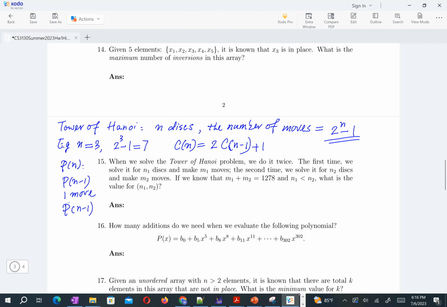One move for the bottom disk. That means we need to solve this recurrence relation. Here, let me show you how to solve it. There is a smart trick we can apply.